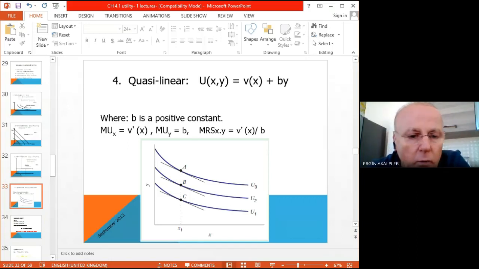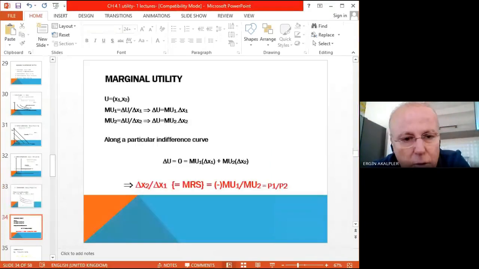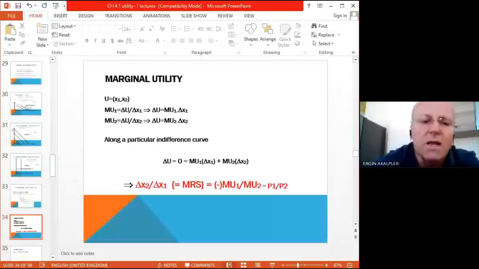And for marginal utility, as in the former example, x1 and x2 give the utility function, and the marginal utility is supposed to be delta u over delta x1. Delta u is supposed to be marginal utility of 1 multiplied by delta x1, and when you multiply delta x2 by marginal utility of 2, you get this delta u, or the change in utility.